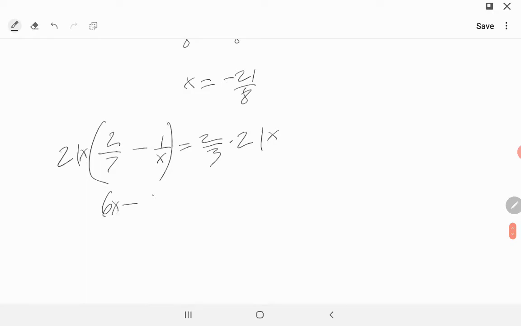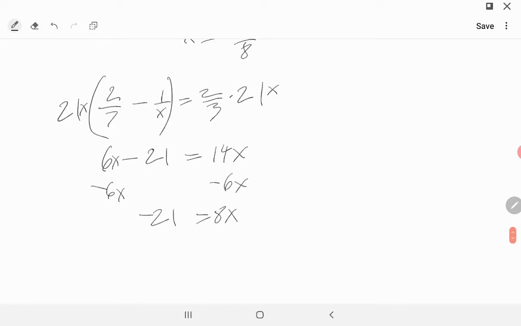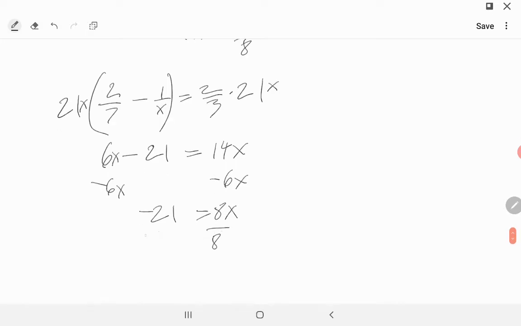We wind up getting 6x minus 21 equals 14x. We can subtract 6x from both sides. We get negative 21 equals 8x. And then divide both sides by 8. We get the same, x equals negative 21/8.